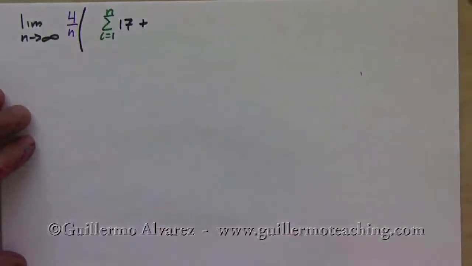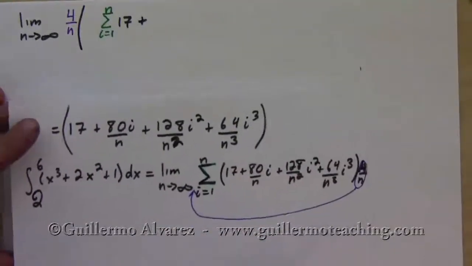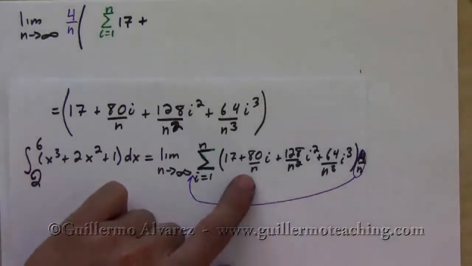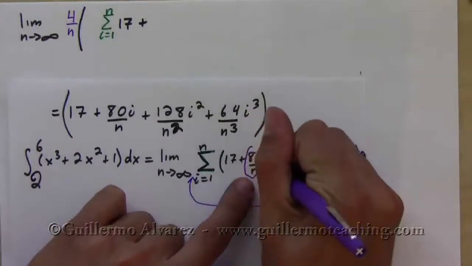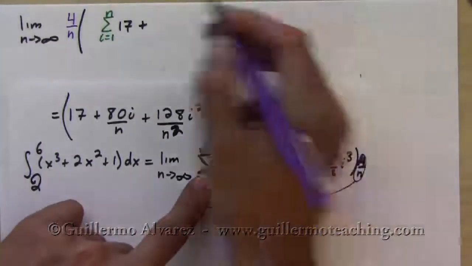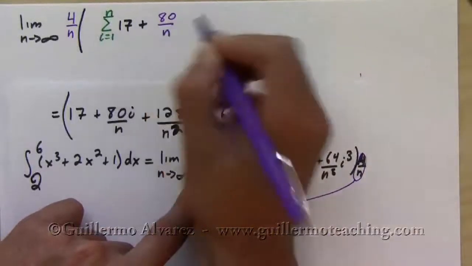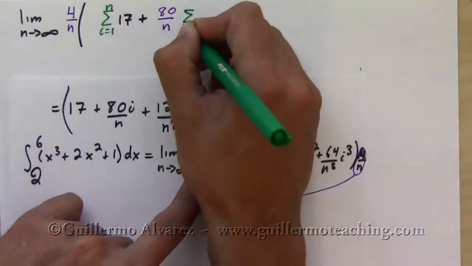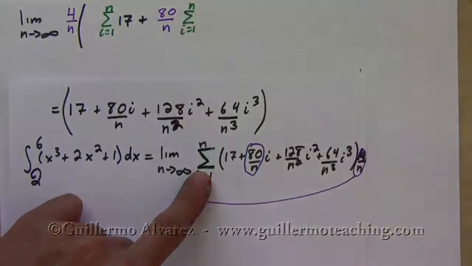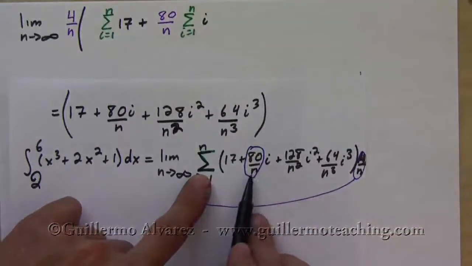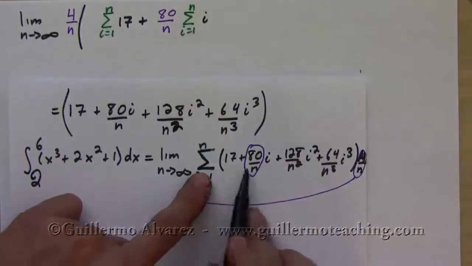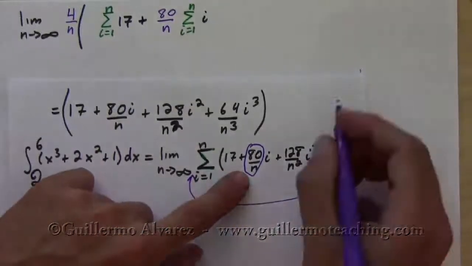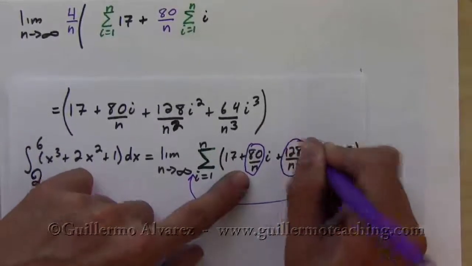Plus, now if you take a look at this guy, let me bring it back real quick. The sum of this guy, notice that this guy right here is also a constant for this sum. So I can take this 80 over n outside of this sum and just have the sum from 1 to n of i. So I'm breaking it up, so I'm kind of doing two steps at once. I'm breaking it up into little sums, and then each one of these pieces has a constant part, almost all of them.